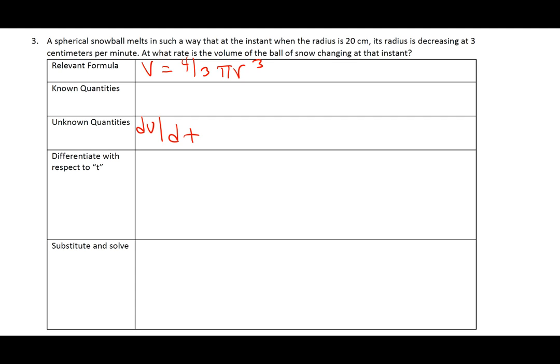So then let's see what else it is that we know. We are trying to solve this problem when the radius is exactly 20 centimeters. The radius is decreasing at 3 centimeters per minute. So this is the first time that something has been decreasing as opposed to increasing.